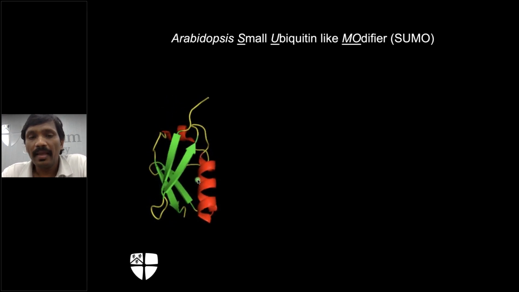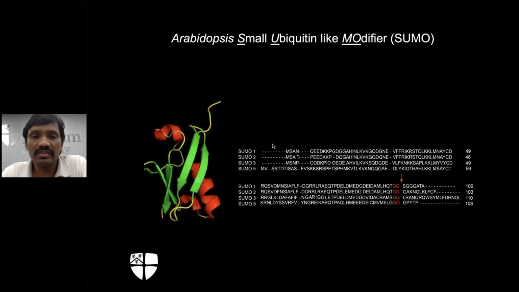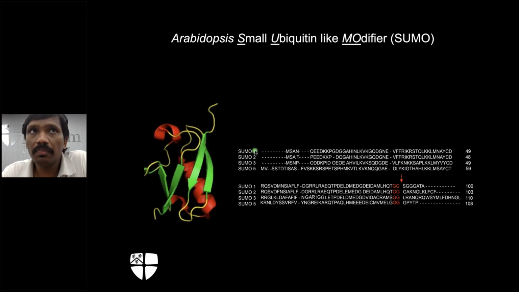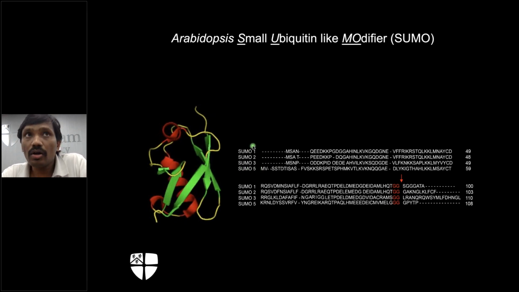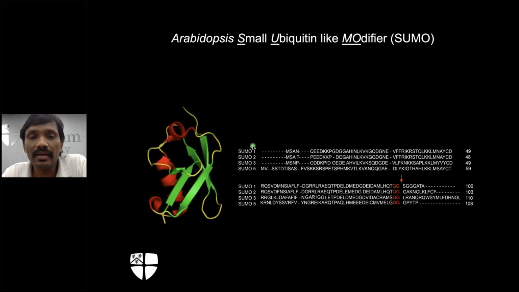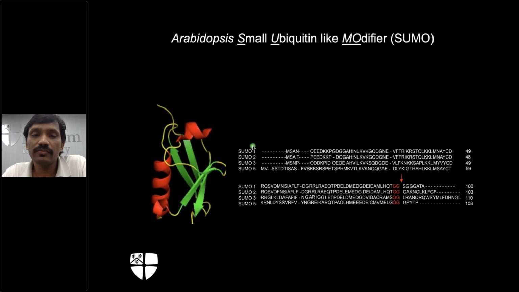SUMO is a small protein, 10 to 12 kDa. If we talk about Arabidopsis as a model system, we have identified 8 different SUMOs, but not all of them have been characterized yet, so a lot still has to be done in this field.